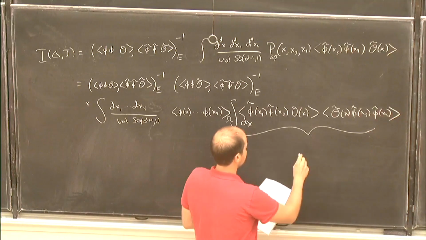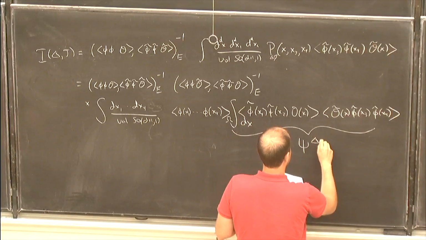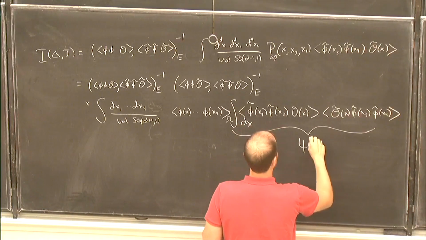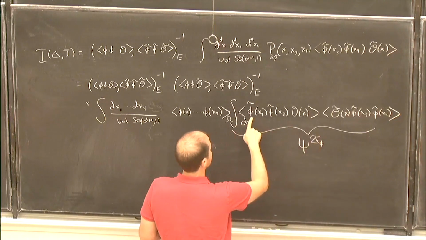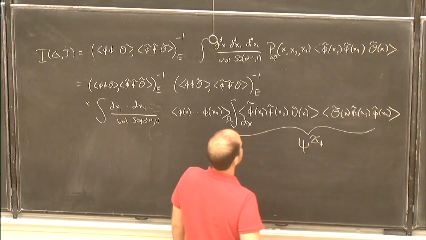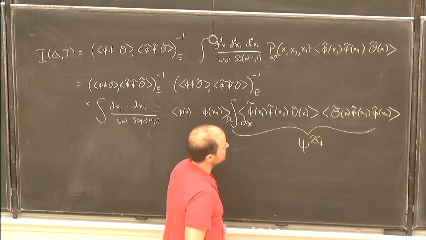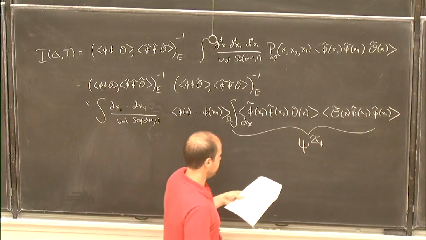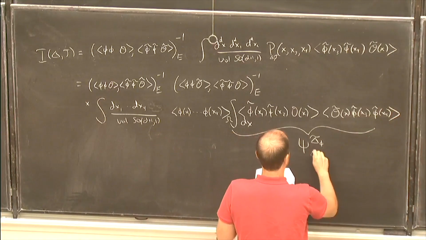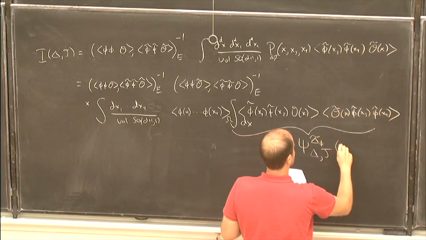This is just a conformal partial wave, a four-point conformal partial wave. And before we had a partial wave with phi, O tilde, O, phi, and here everything is shadowed. So it's just the same thing where all the dimensions have been replaced by d minus the dimensions. So this is just another partial wave.